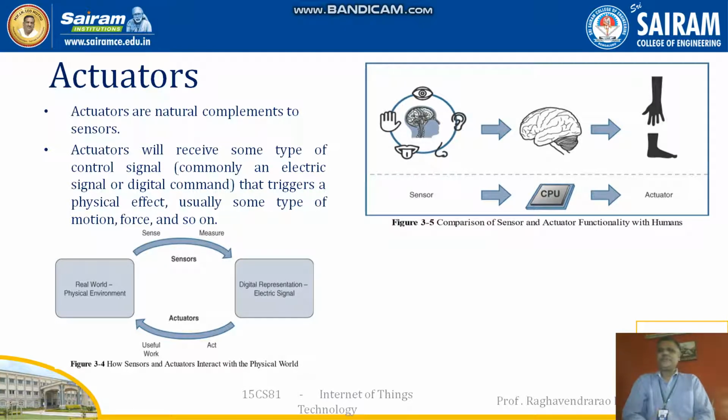The sensors are nose, ears, eyes, hands, mouth. These sensors are going to sense, and it is going to be sent to the CPU, which is called the brain in the human, and actuate.